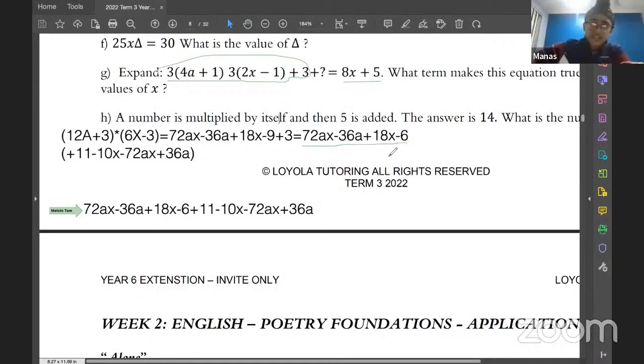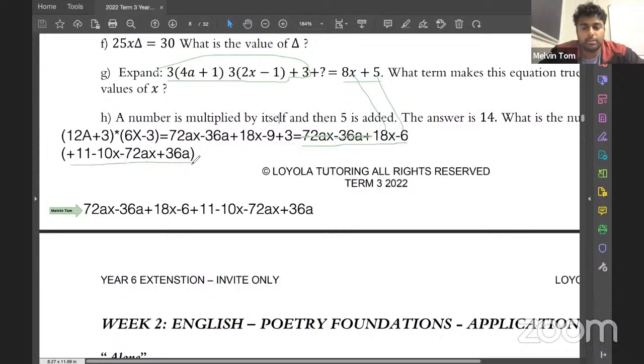Do you understand? So I need to get rid of this, and I need to make 18x into 8x, and I need to make negative 6 into positive 5. So to make this, I just simply add this. Do you get it? Good question.